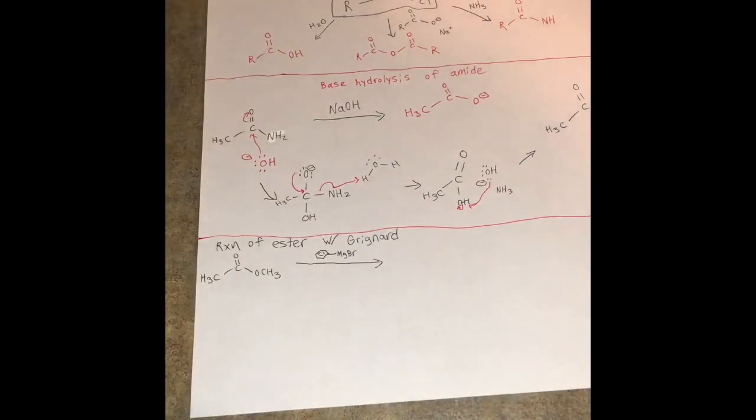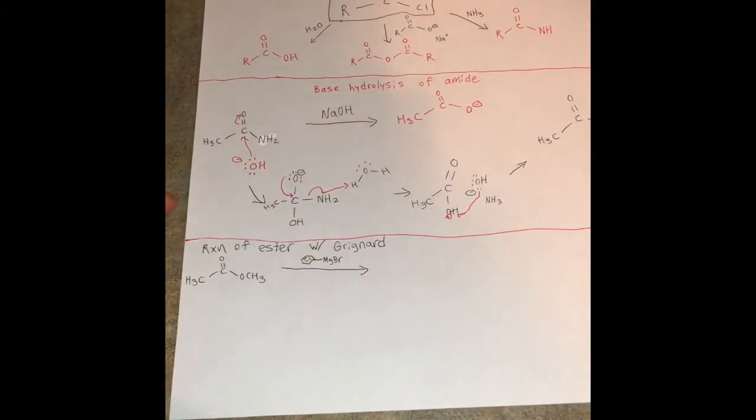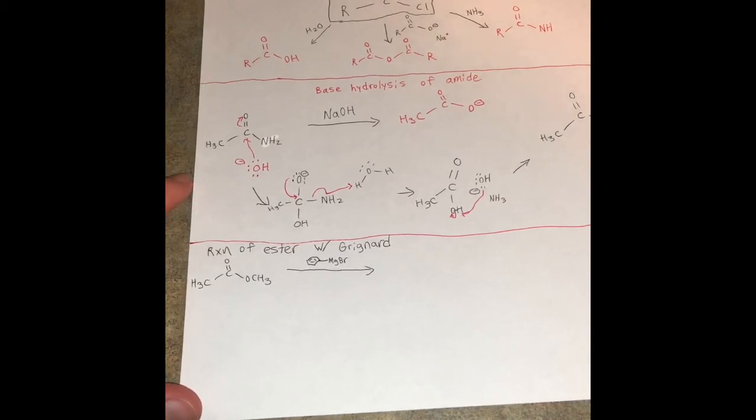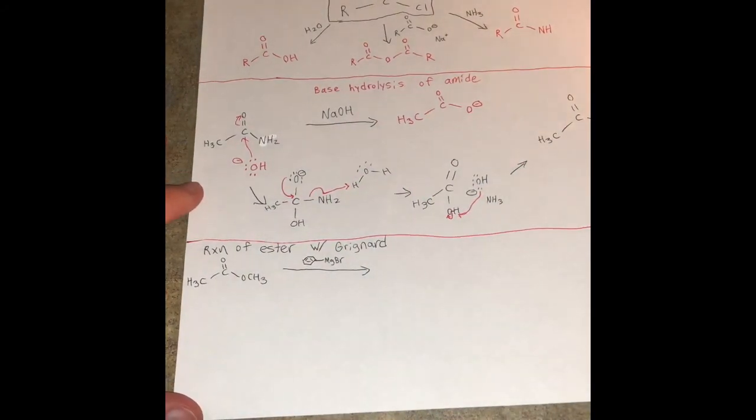Now in this last example that we have, this is a reaction of an ester with a Grignard reagent. And what happens here is we actually get 2 additions of Grignard, and that's due to the fact that we have an ester to start. So the final product looks like this.